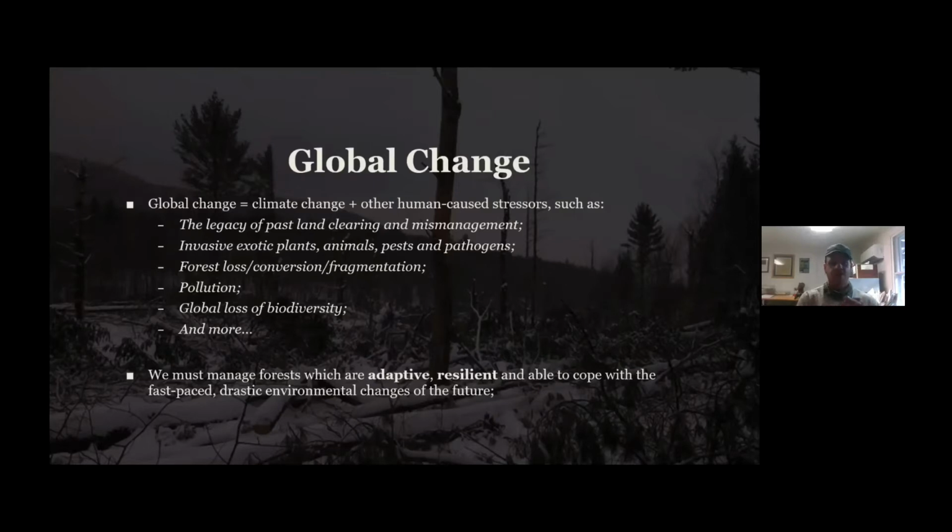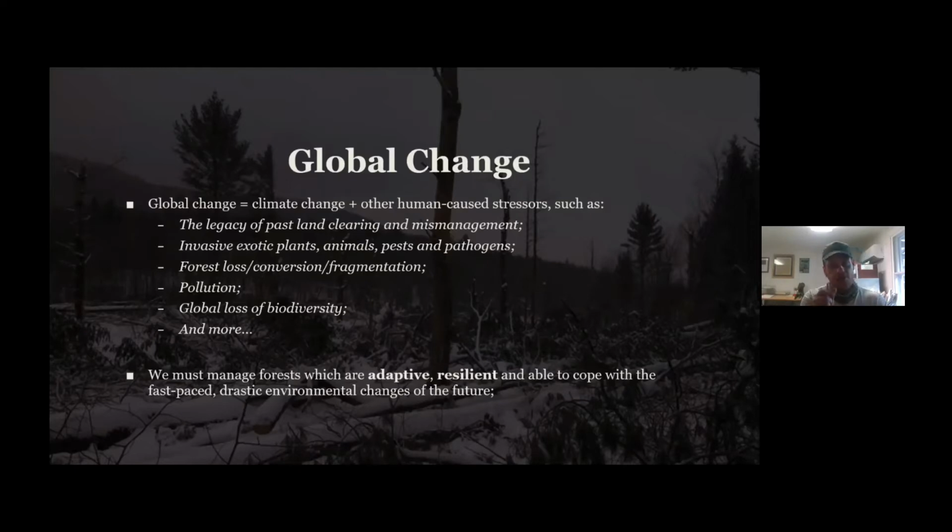So global change is climate change plus all these other stressors, including the legacy of past land clearing and the way that forests and other ecosystems have been mismanaged in the past, invasive exotic plants, animals, pests, pathogens, what are sometimes called biological invasions, ongoing forest loss, conversion, fragmentation into small pieces, pollution, environmental despoliation, global loss of biodiversity, mass extinction, stuff like this.